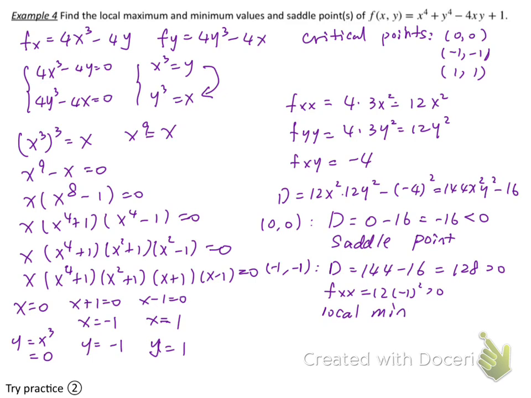And the value will be f of negative 1, negative 1 equals negative 1 to the fourth power plus negative 1 to the fourth power minus 4 times negative 1 times negative 1 plus 1. I'm trying to manage all my writing here. So this is 1 plus 1 minus 4 plus 1, which is negative 1. Okay, local minimum value.